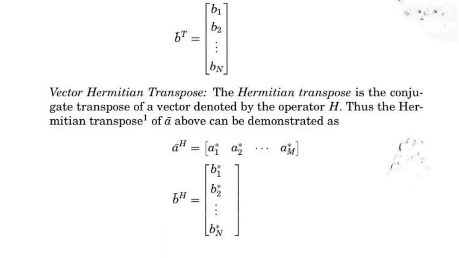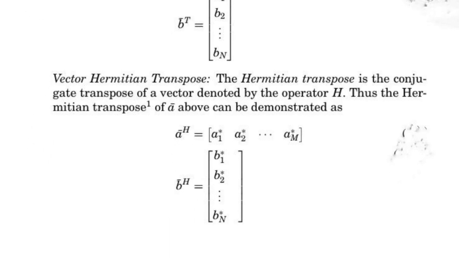The next thing is the vector Hermitian transpose. The Hermitian transpose is the conjugate transpose of a vector, denoted by the operator H. Thus the Hermitian transpose of A bar above can be written as A1 conjugate up to AM conjugate. This is the format of the vector Hermitian transpose.